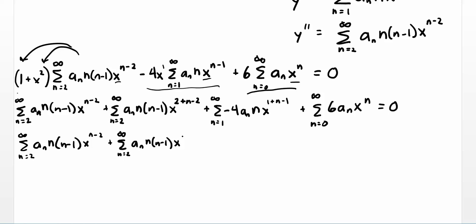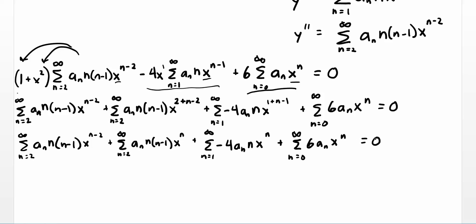This becomes x to the n, canceling these 2's, plus this series, n equals 1 to infinity, negative 4, a sub n times n, again this becomes just x to the n, plus the last series, n equals 0 to infinity, 6 a sub n, x to the n, all equals 0. So this is real nice. We have x to the n here, x to the n here, x to the n here. That's our first step, is to get all those x expressions to match.